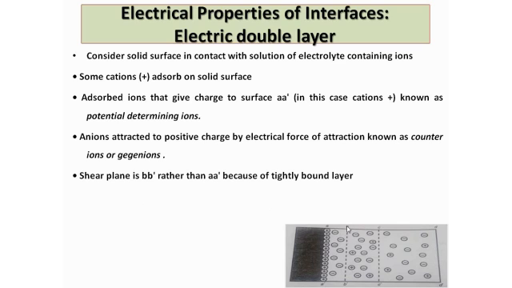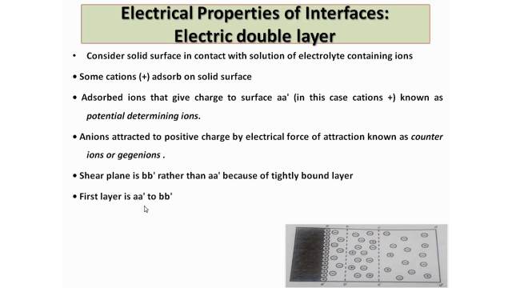Now this layer B prime is the shear layer rather than the A prime. Why do we call the B prime a shear layer? Because the A prime is the tightly bound layer. So B prime is known as the shear plane.